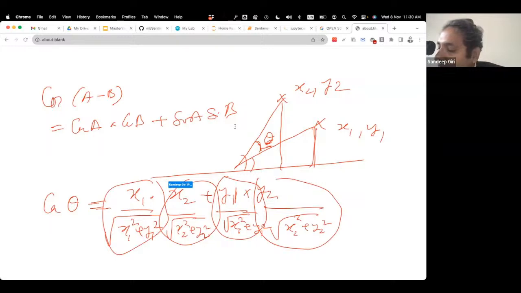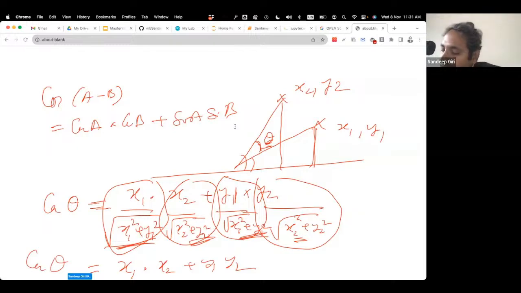And we know that this is 1, this is 1, this is 1, this is 1. So the cosine of the angle is going to be x1 x2 plus y1 y2, correct? So, if this turns out to be 0, that means the angle is 90.